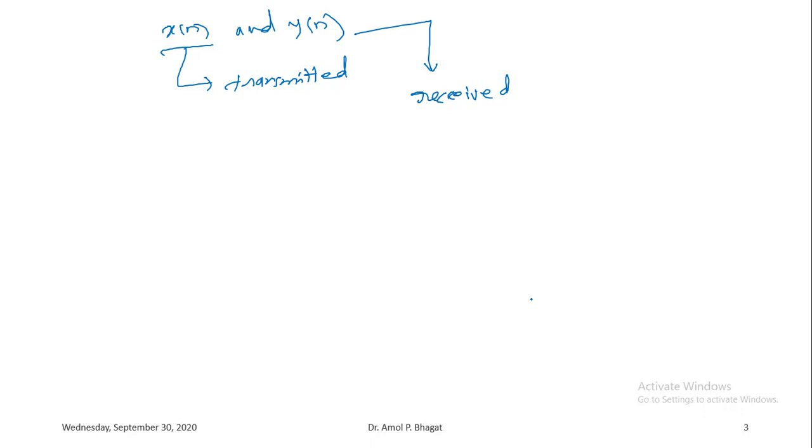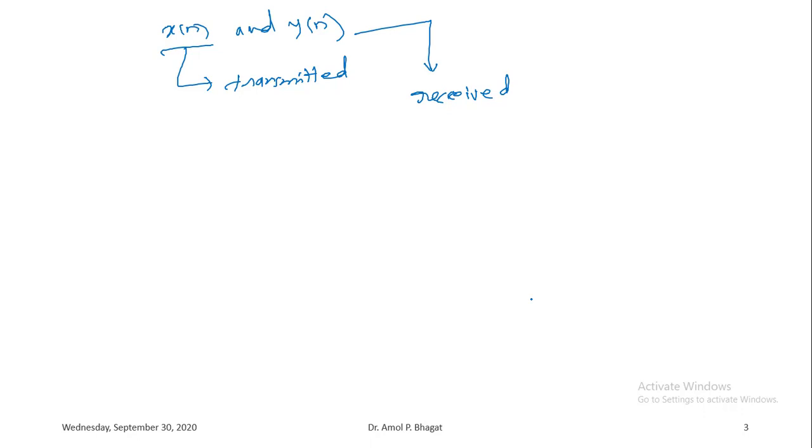So x of n will not be received as it is; obviously it will get delayed by a certain amount of time. Once the signal strikes the object, it will get reflected back and be received after a certain delay. So this received signal y of n will comprise the delayed version of the transmitted signal x of n, which is reflected from the target, and it may also get corrupted with some additive noise.